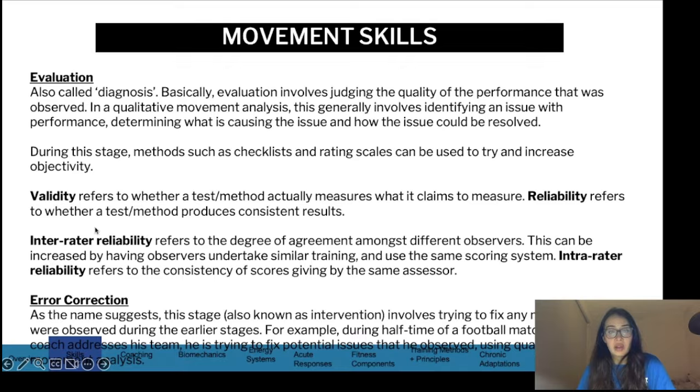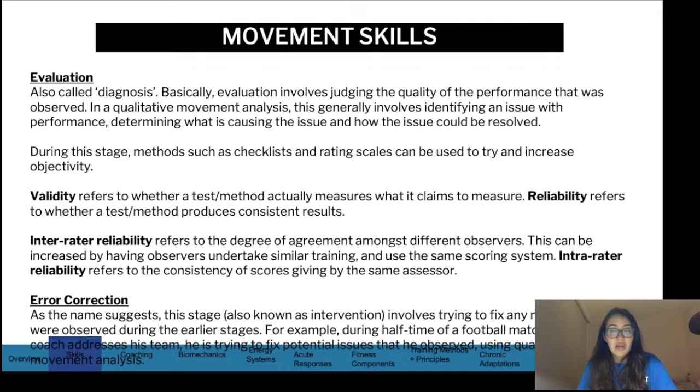Intra-rater reliability refers to the consistency of scores given by the same assessor. So someone who judges gymnastics, I'm just going to use gymnastics as an example, might watch one performance on video and give the gymnast a really good grade. Then they might watch the same performance three days later, be in a really bad mood, and give that performer a really bad grade just because they're not happy.